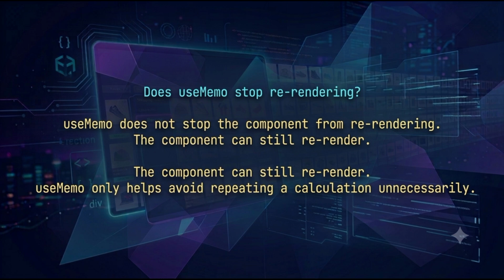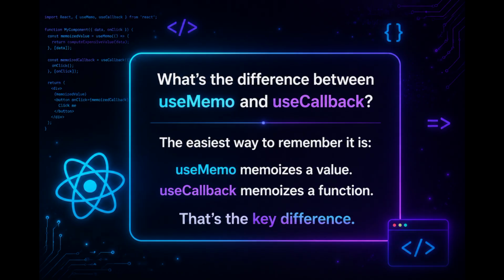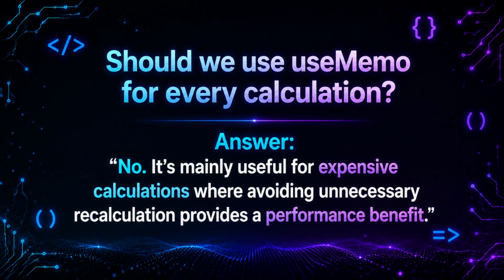It does not prevent the component from re-rendering. When does the calculation run again? When one of the dependencies changes. Difference between useMemo and useCallback. Should we use useMemo for every calculation? No, it's mainly useful for expensive calculations where avoiding unnecessary recalculation provides a performance benefit.